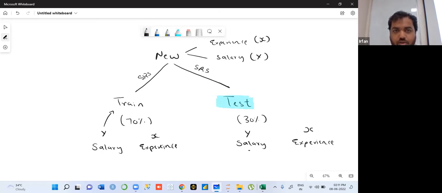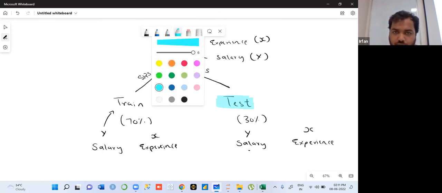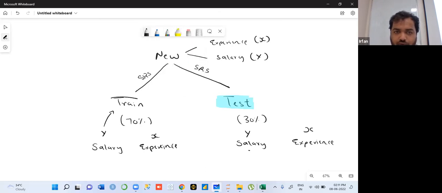I'll repeat again. First listen, then you can give the answer. Here we have train data. In train data, how much percent do I have? 70%. In the 70%, the first column name is salary. Salary is nothing but Y. Y comes from which data? Train.